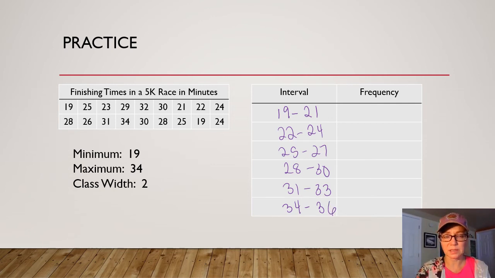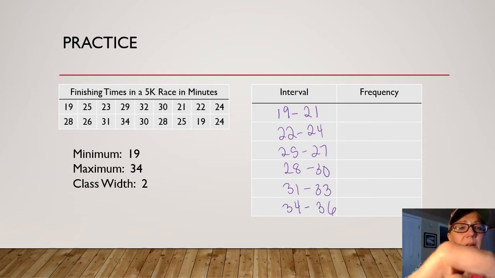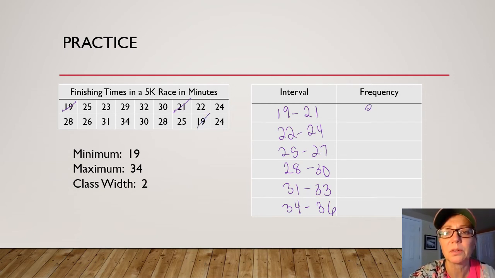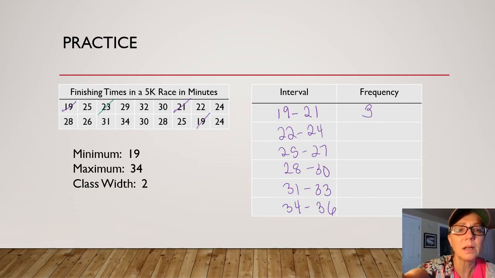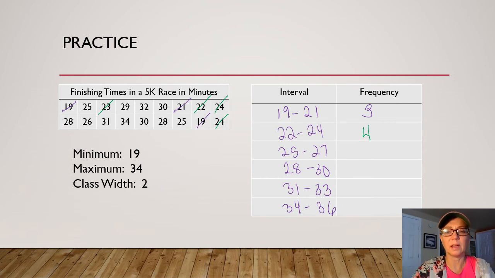And now I need to do some counting. 19, 20, 21. Let's see. 1, 2, 3. So there are 3 finishing times in that class. 22 to 24. Choose a different color. 22, 23, 24. 1, 2, 3, 4. From 25 to 27, 25, 26, 27. 25, 1, 2, 3.